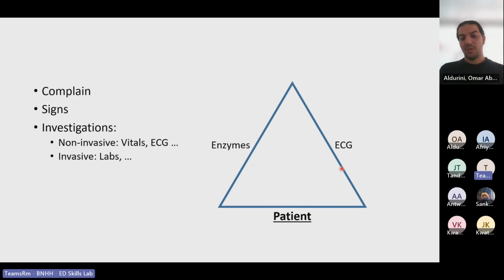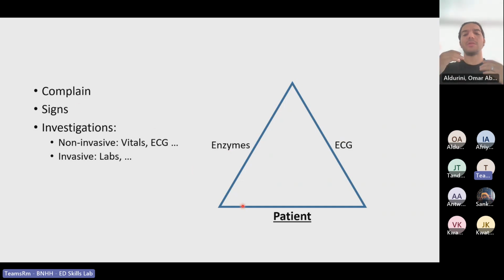One arm is the ECG, and the other arm is the heart enzymes, where we usually use troponin. Some places might use troponin and other enzymes as well, but let's say heart enzymes in general. So our base is the patient, not just the ECG, not just the enzymes.